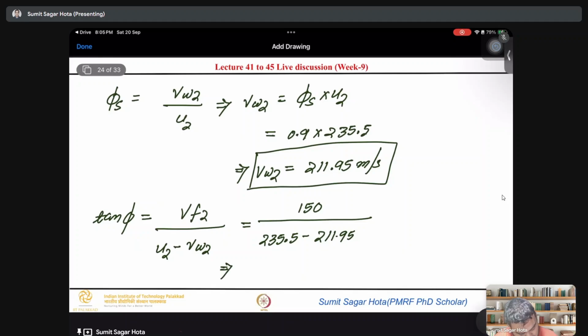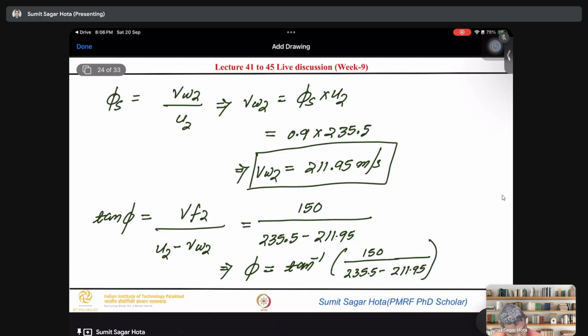So phi is equal to tan inverse of 150 by 235.5 minus 211.95.